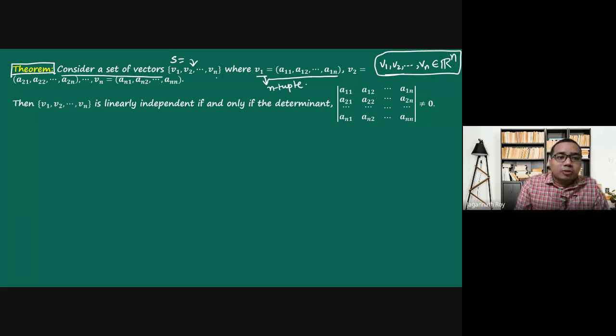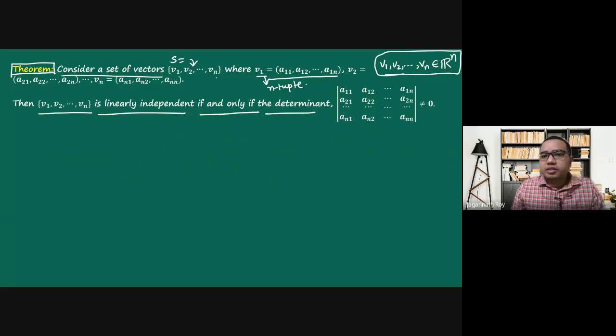The theorem says this set is linearly independent if and only if the determinant is non-zero. If we can show that the determinant is non-zero, then we can directly say that the given set of vectors is linearly independent.